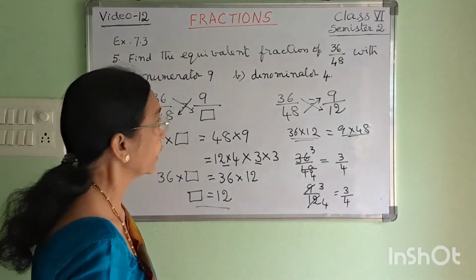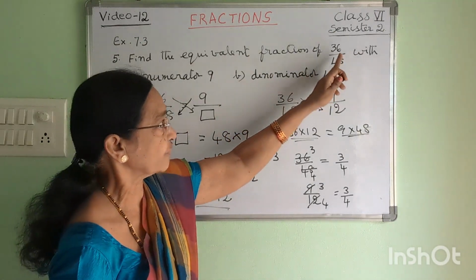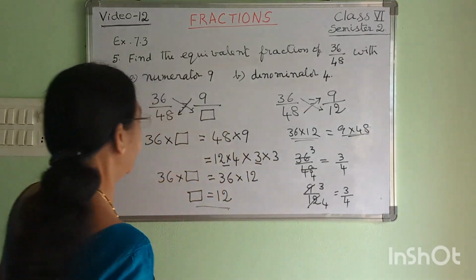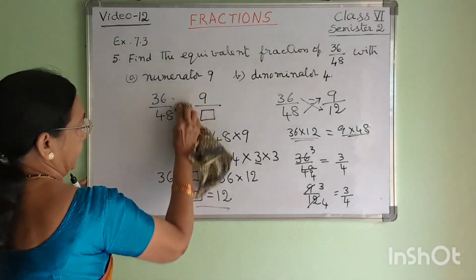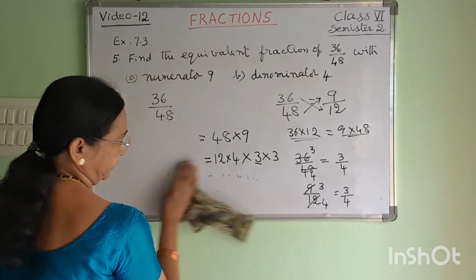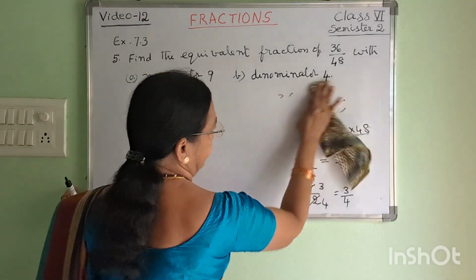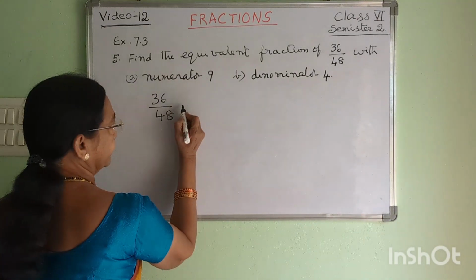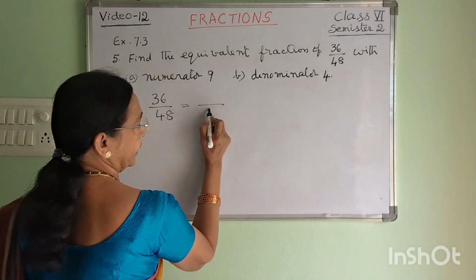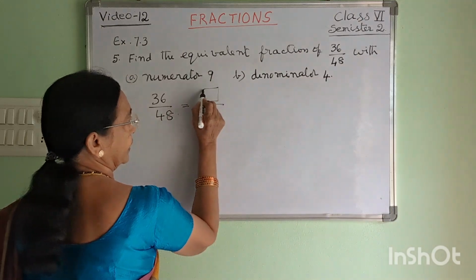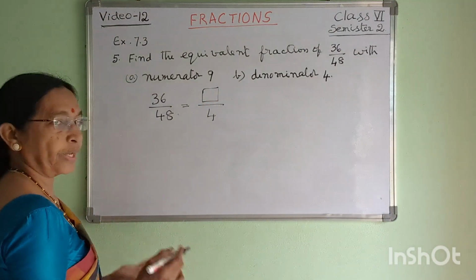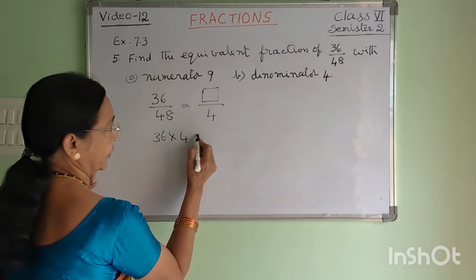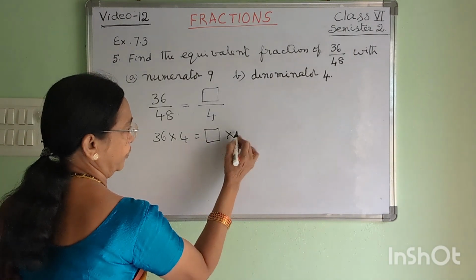Next, the second part. Find the equivalent fraction of 36 by 48 with the denominator 4. Denominator 4, numerator blank. So by cross multiplication we have 36 into 4 is equal to this blank into 48.